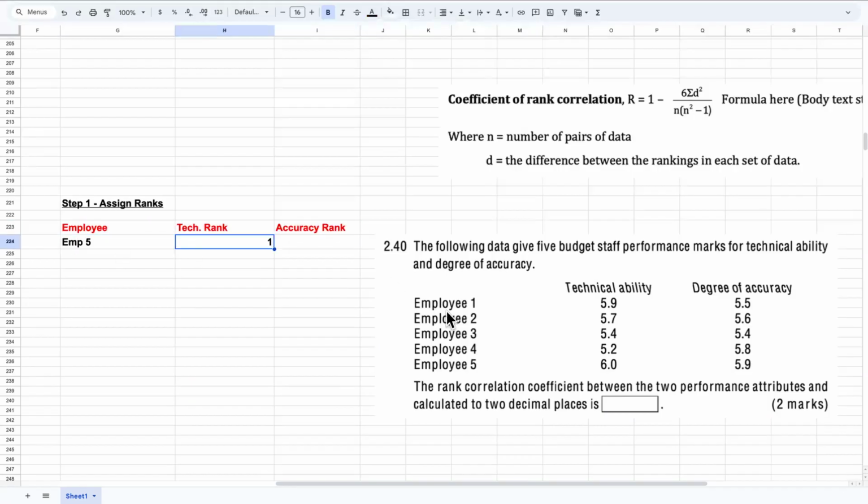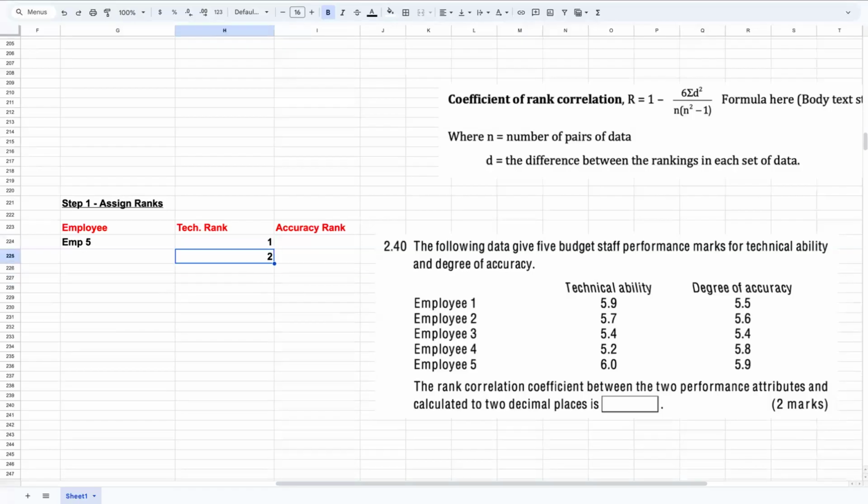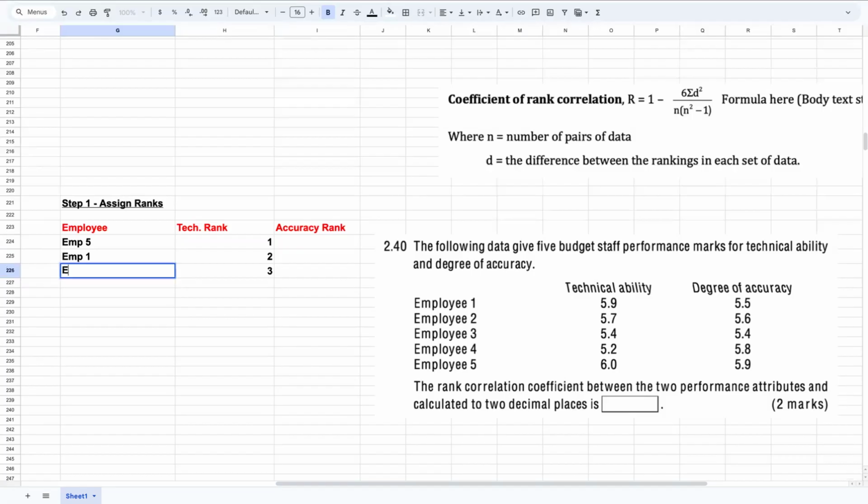Then the second highest mark for technical ability is 5.9, that is by employee 1. So the second rank is going to be EMP 1, right? For the third rank, below 5.9 is 5.7, here, employee 2. So third rank is for employee 2.